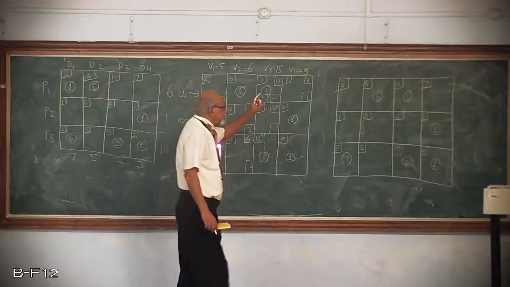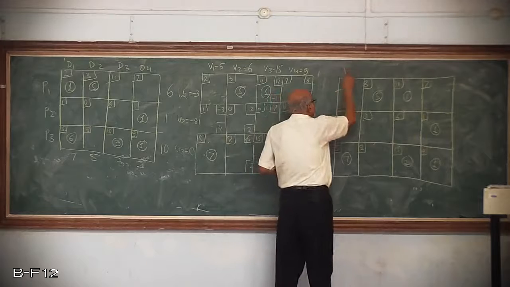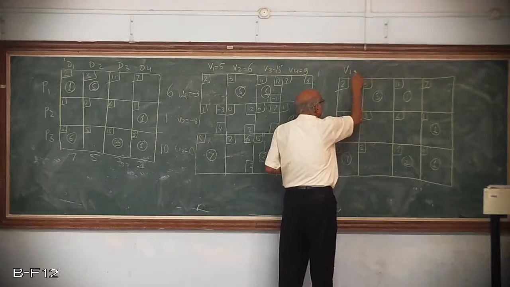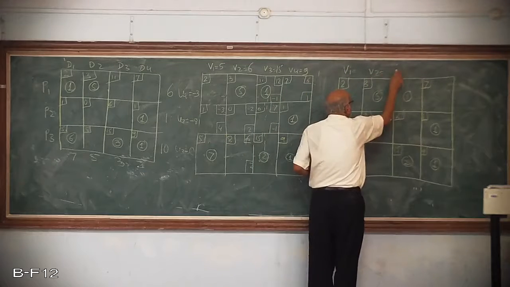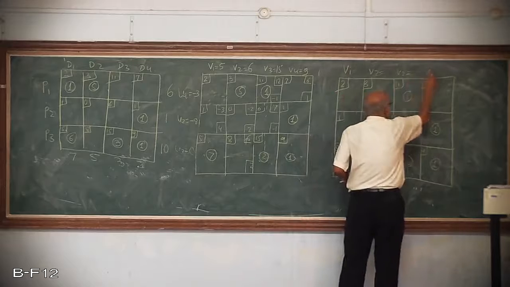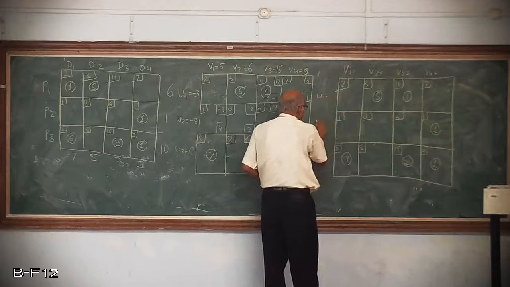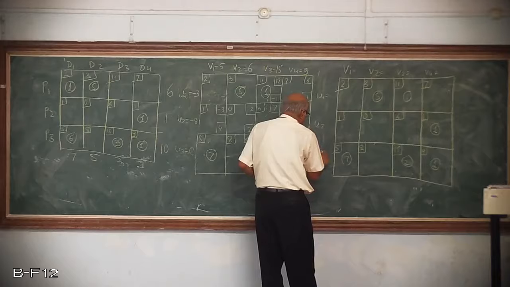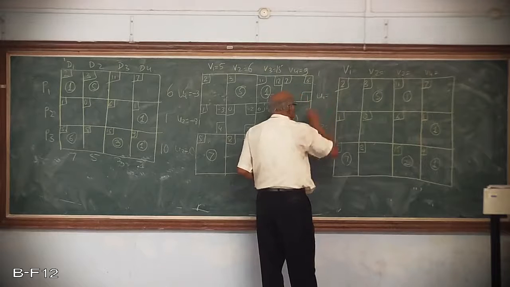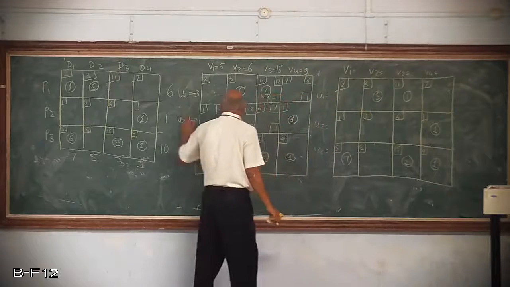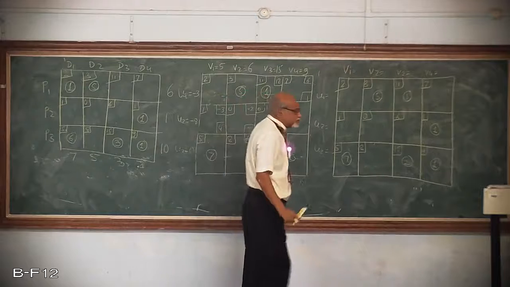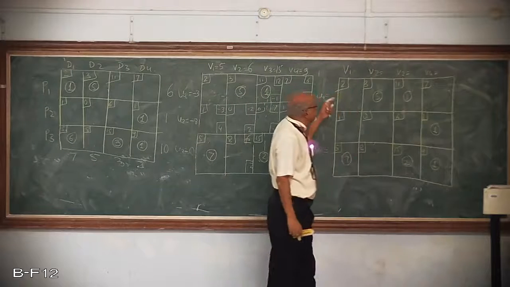Again, we need to find out the Lagrange's values V1, V2, V3, V4, U1, U2, U3. Again, the same procedure needs to be repeated. The same value will not be obtained. Try to understand. Again, which one will I consider to be 0?